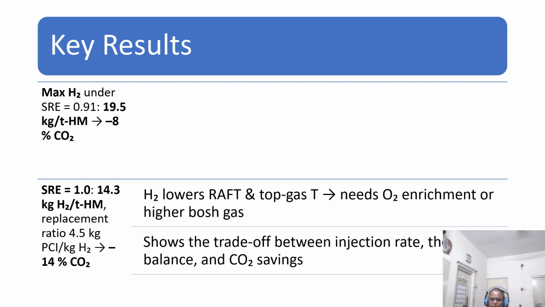With SRE improved to 1.0, the hydrogen cap lowers to 14.3 kg per ton hot metal, but it replaces over 4.5 kg of PCI per kg of hydrogen, leading to 14% CO2 saving. However, this comes at a thermal cost. Hydrogen lowers the raceway flame temperature and top gas temperature, so maintaining operational stability demands oxygen enrichment or higher blast volume.